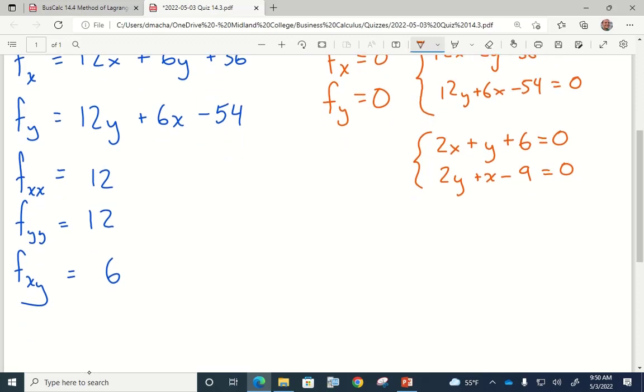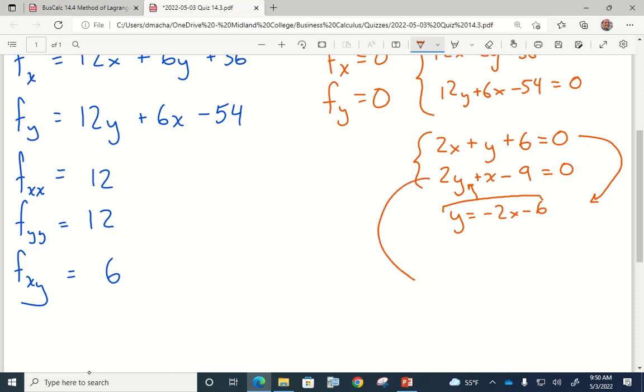I'm going to take the first equation and solve for y. So that first equation would give me y equals negative 2x minus 6. And then I'm going to plug that formula for y in for this y in the second equation. So this is just solving with substitution.